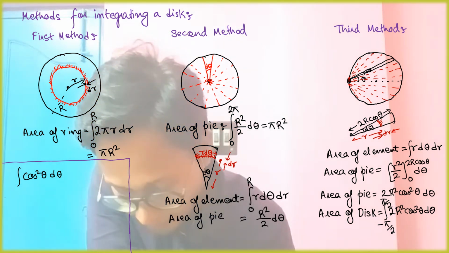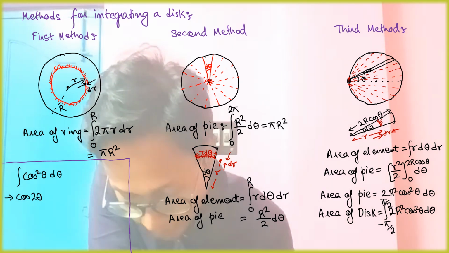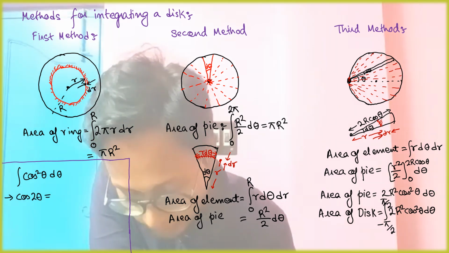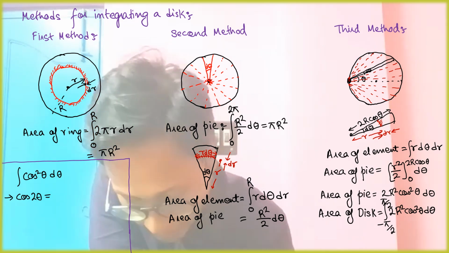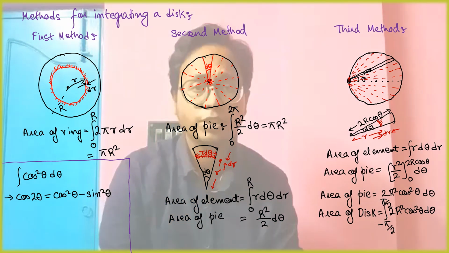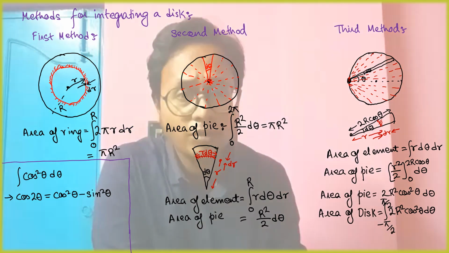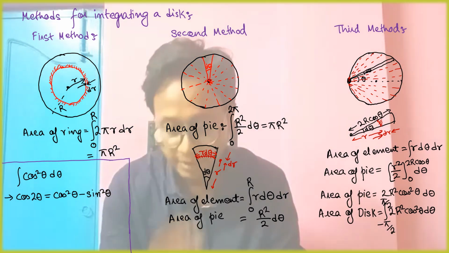See, if I say cos 2 theta, cos 2 theta means cos of theta plus theta, which is nothing but cos square theta minus sin square theta. See, cos of A plus B is nothing but cos A cos B minus sin A sin B. So cos of theta plus theta is nothing but cos square theta minus sin square theta.